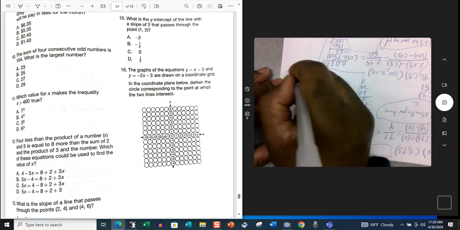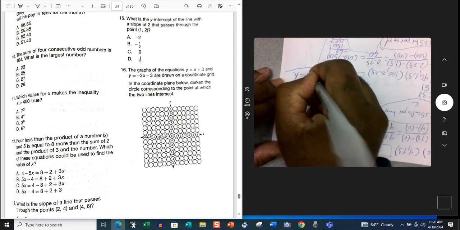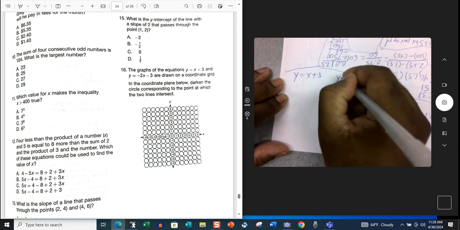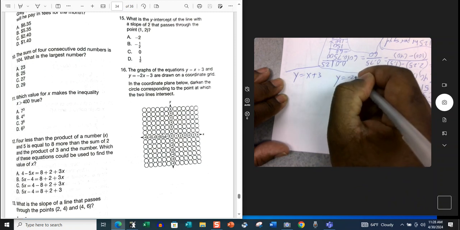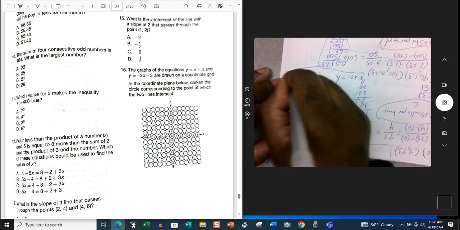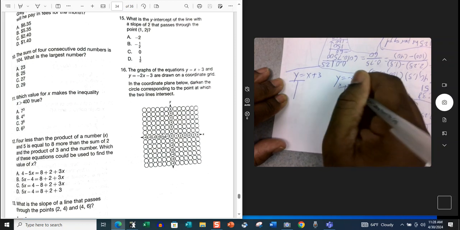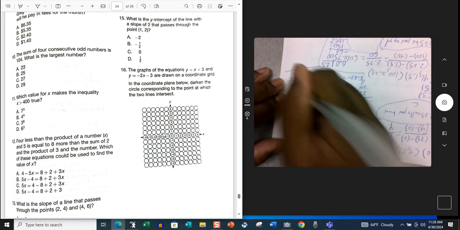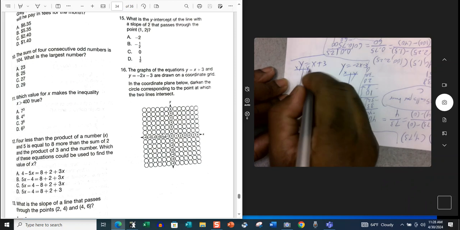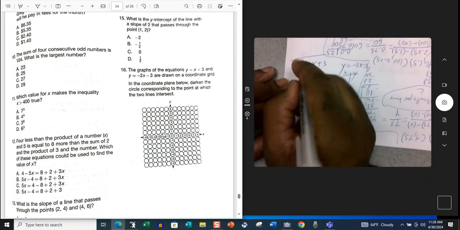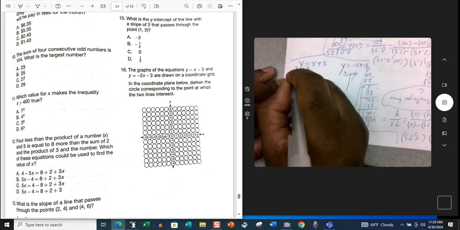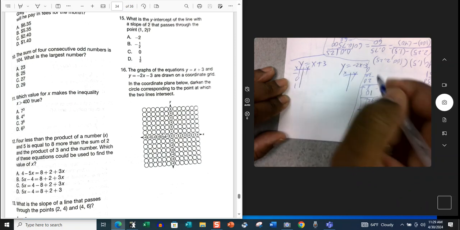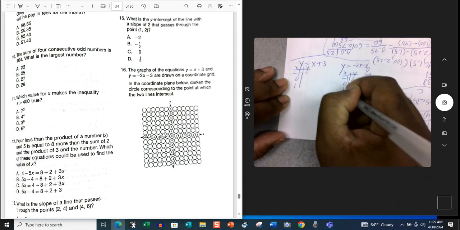So we have y equals x plus 3, and then we have y is equal to negative 2x minus 3. We'll do our x, y table. So then here, we could do negative 1, 0, 1, and then I'll do negative 1, 0, 1.